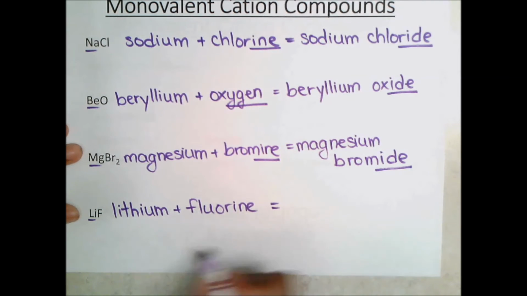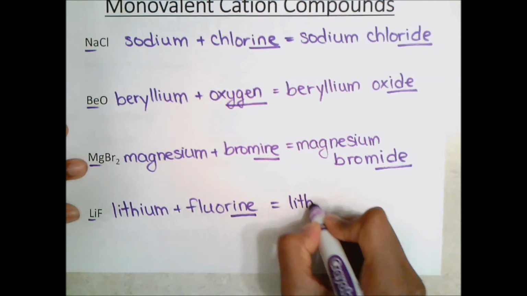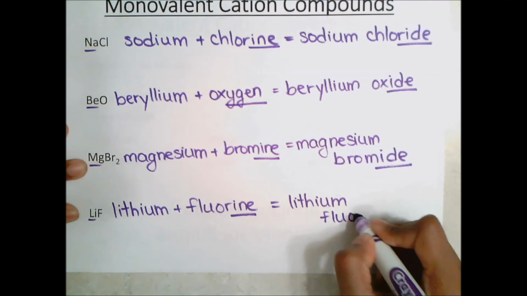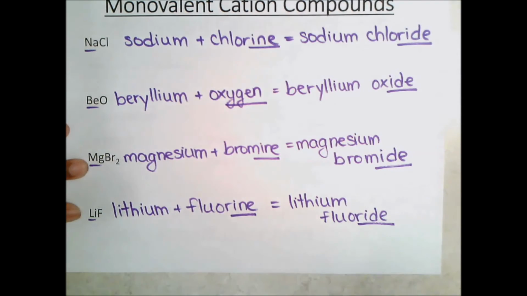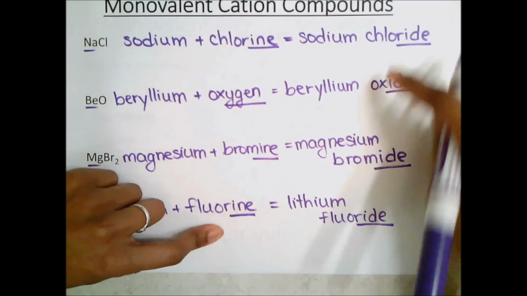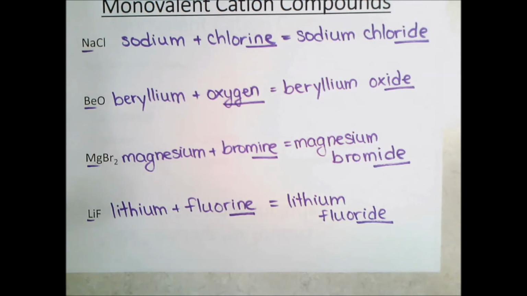So we change the fluorine ending, the non-metal, to lithium fluoride. So again, you don't need to do this. I just need to be able to see the final name in your naming system there.